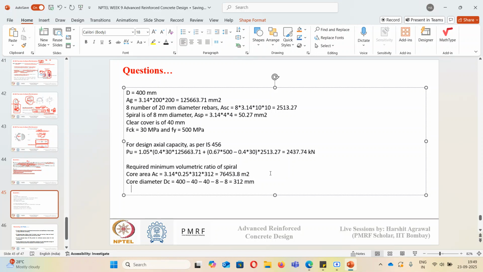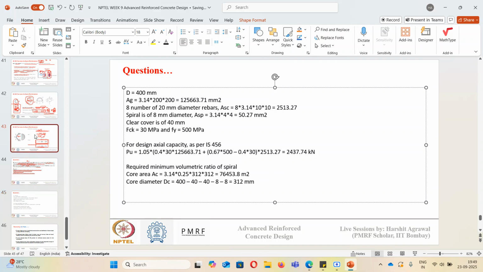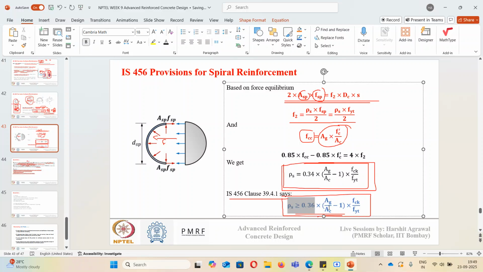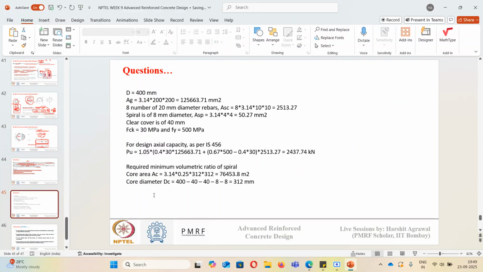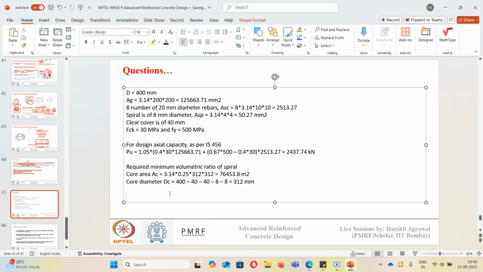Based on this formula that we saw a couple of slides ago, I can calculate the rho s value. So rho s will be given by this. 0.6 AG value we know, it is 125,663.71. Area of core we know, 76453.8, minus 1.